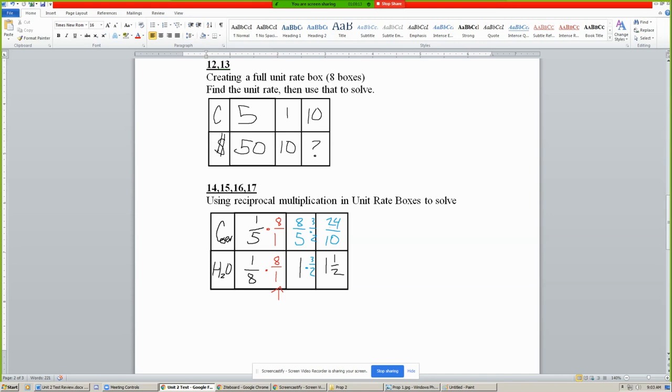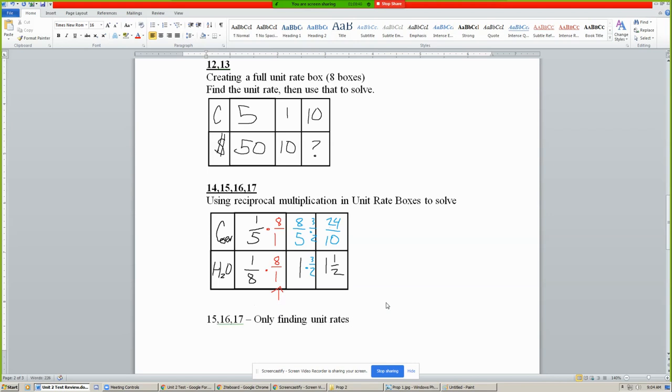You're just using reciprocal multiplication to find a unit rate. And 17, she walked this much in this much time. So you're just finding unit rates. I would say 14 is the toughest of these. Oh, 15, 16, 17, you're only finding unit rates.